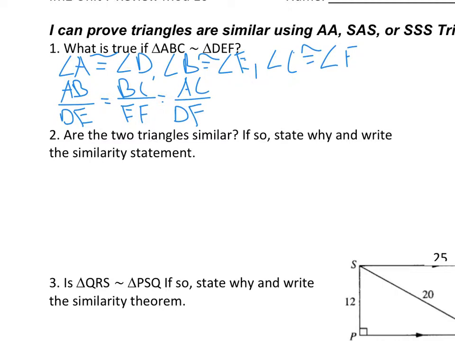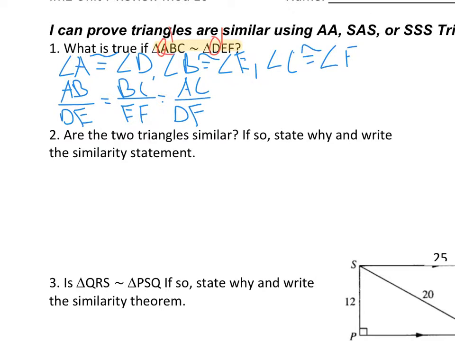Okay, so this statement right here. If you look at it, this is why I think it's easier to look at the similarity statement than a triangle, because with a triangle, you have to reorient. Here I can just look. A is my first one. Well, what's my first letter over here? D. My second one is B, so it matches up with E. So as you look at all these, I go AB.